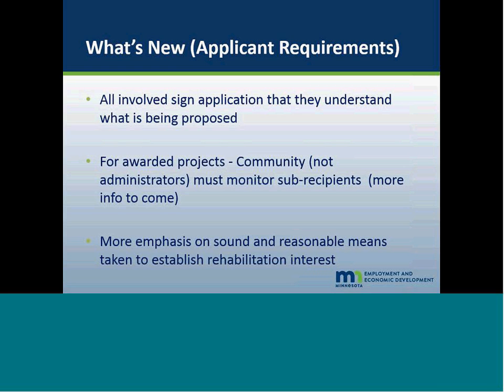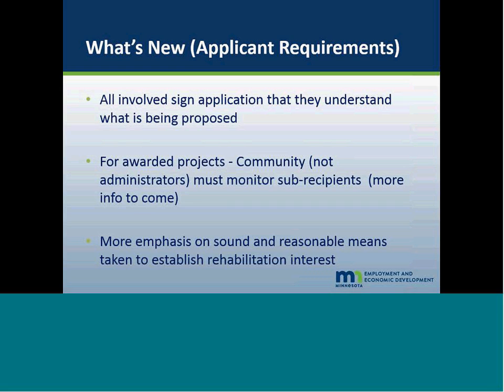Sound and reasonable means taken to establish rehab interest. We've run into examples, and we want these projects to succeed, and the success is dependent on the interest of those who participate. So, more than someone raising their hand at a meeting to say they're interested in the program.